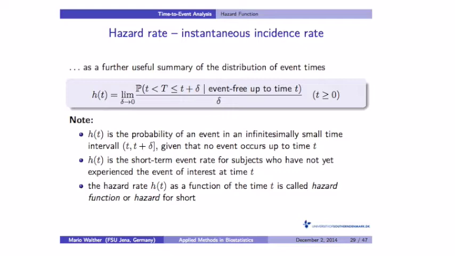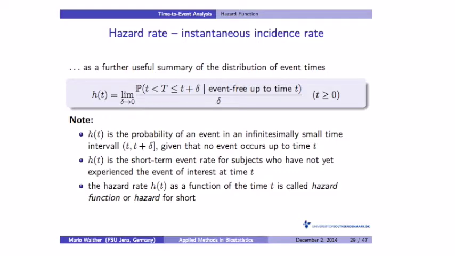So if you look at the probability of being event free within this time interval, conditional on the fact that you are event free up to this time, you ask for the probability of experiencing an event of interest within this time interval. That means that an event occurs in this time interval, conditional on no event occurring up to the beginning of this time interval.